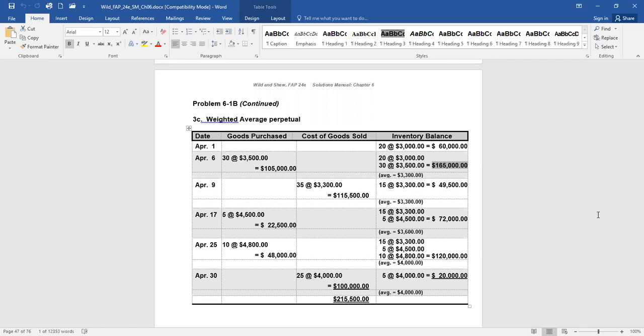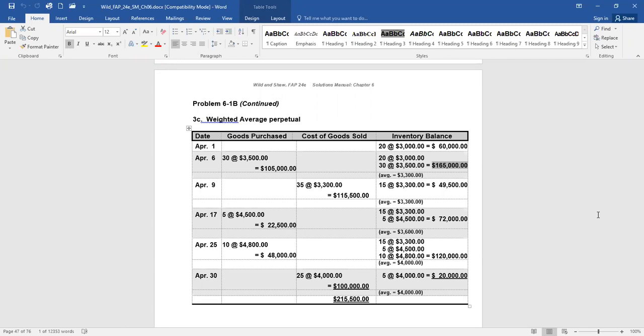So then on April 9th, when we sell 35 coffee cups, charging our customers $12,000 each, our revenue is still $420,000 under this method. Yeah, because our sale price has not changed. The way we remove our inventory does. So the amount that would be cost of goods sold would be different under each method.